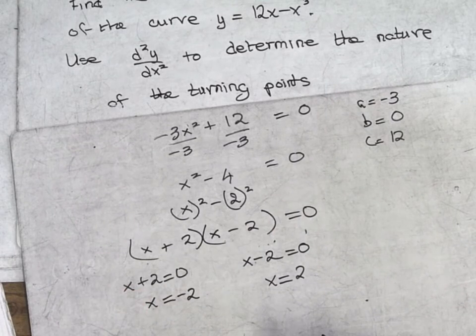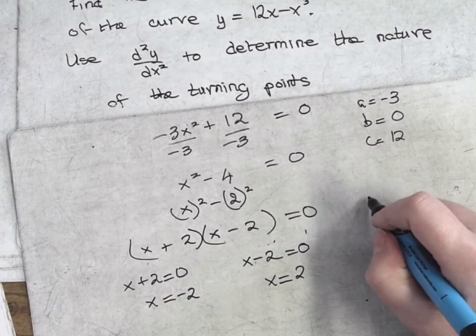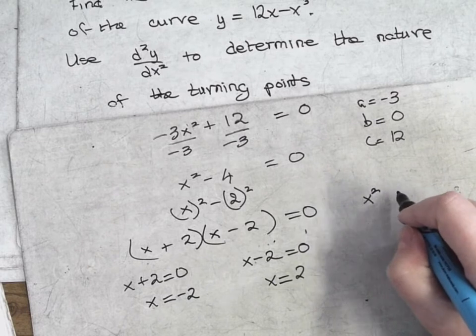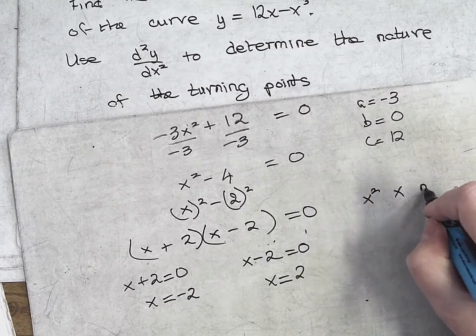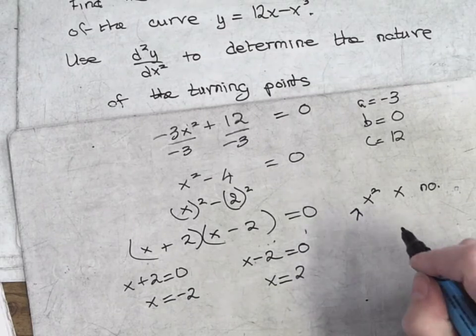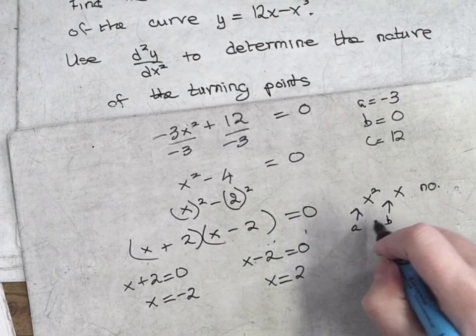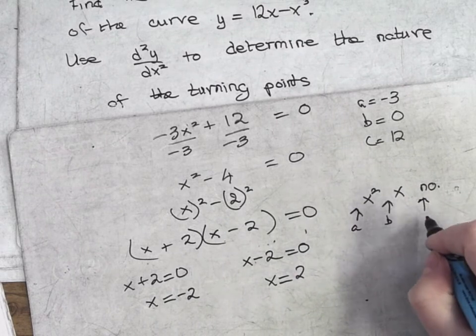Okay? Yes? Because, you know, b is the number in front of x. So normally there's an x squared term, there's an x term, and there's a number. So a is the number in front of x squared, b is the number in front of x, so this is a, this is b, and c is whatever the number is.